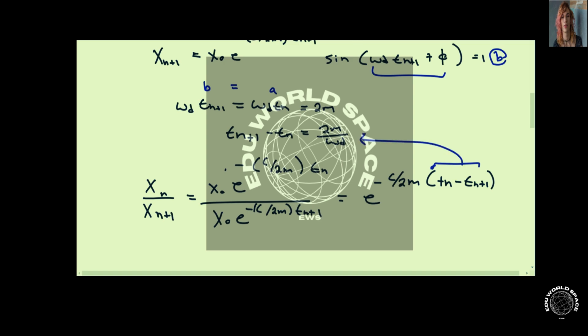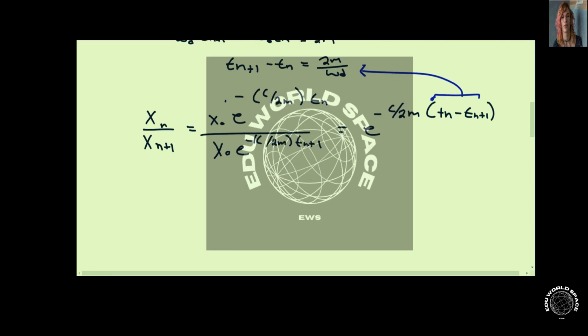We end up with this equal to e to the c over 2m times 2 pi over w d, which we know is c pi over m w d.